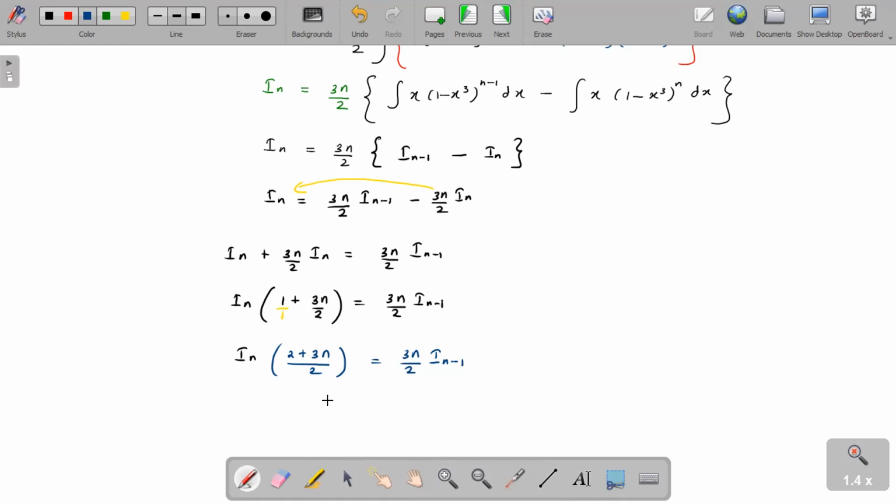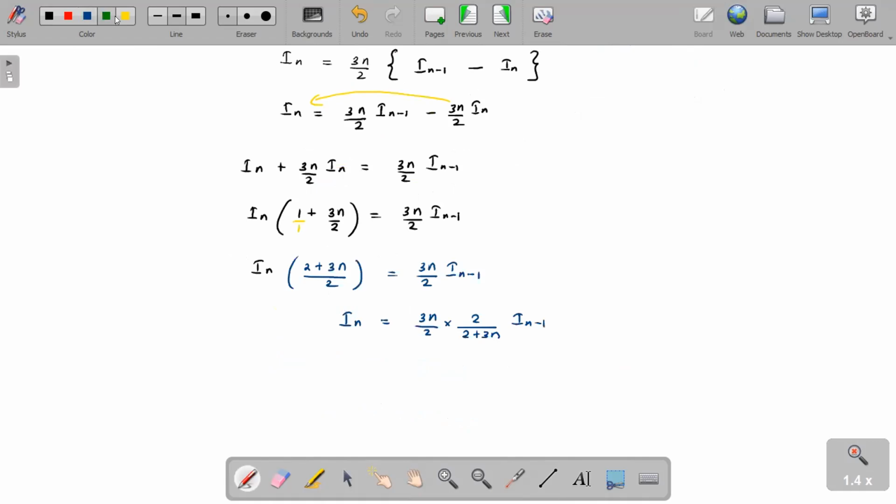Do you agree? So I end up getting here I_n equals 3n over 2 times 2 over (2 plus 3n). Basically, I took the 2 to the other side, I_(n−1). The 2 and 2 cancel.